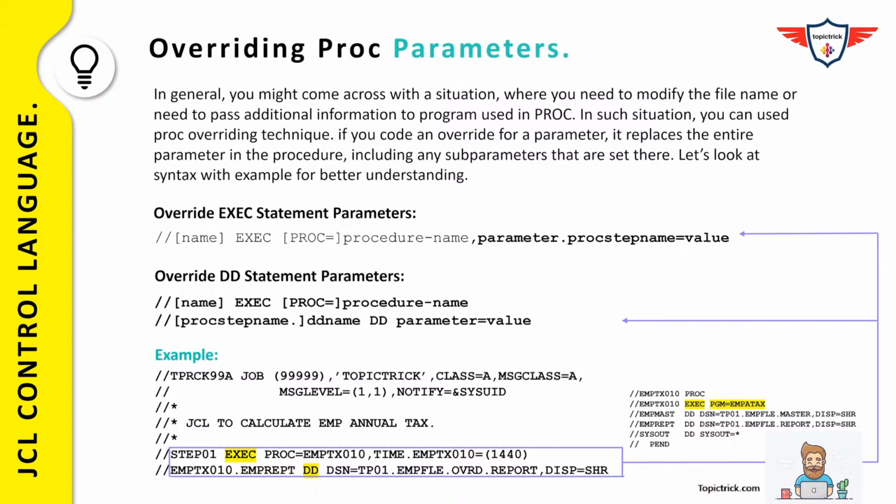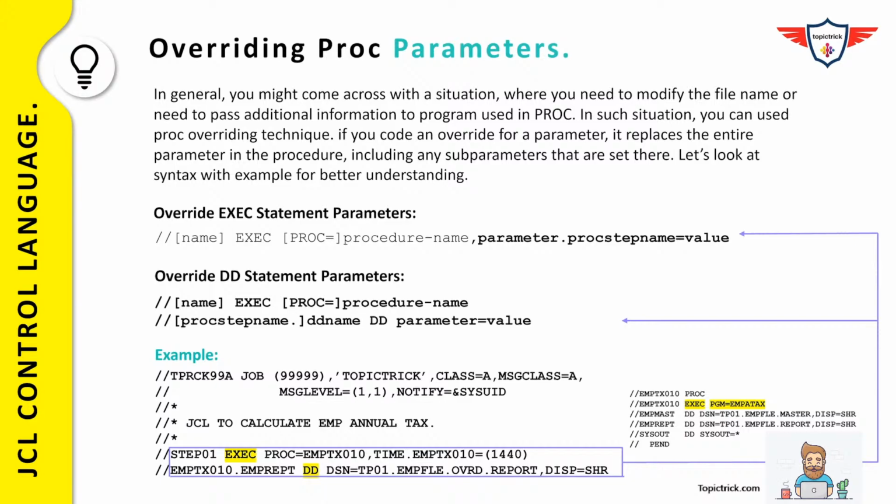How I've done that is, first of all, I've specified the proc step name, that is EMPTX010.DD name, that is the employee report, followed by DD, then DSN and the dataset name. After that, you have to specify the disposition of the file, whether it would be share, new, old, catalog, as per your requirement.